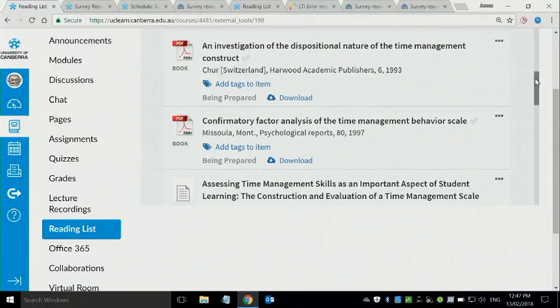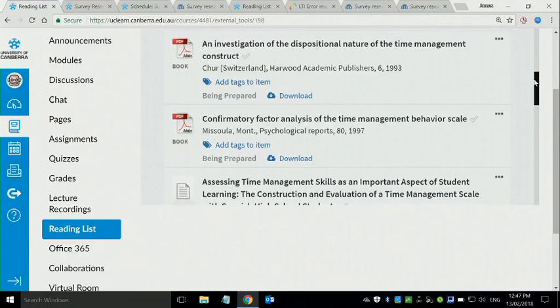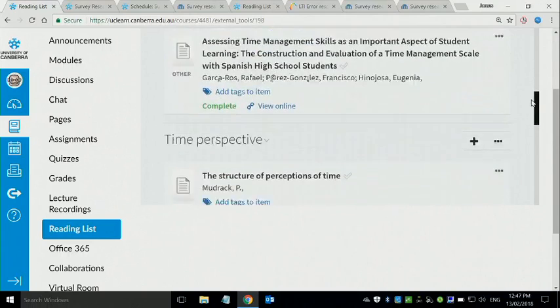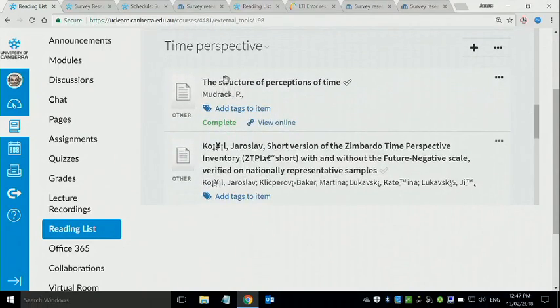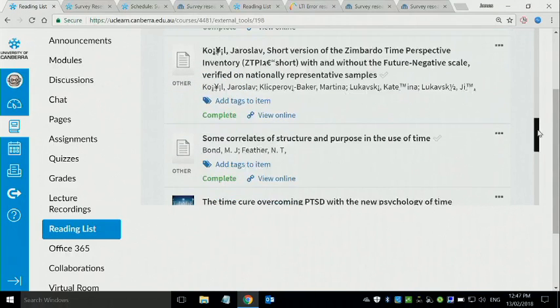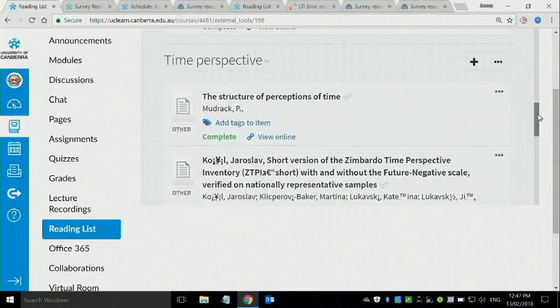So there are a few articles that you could download and start getting familiar with time management, and a few articles here on time perspective. You're not restricted to those, but they are starting points for your thinking. Each of you will need to pick either time management or time perspective for the factor analysis in the lab report, and that would be the starting point.